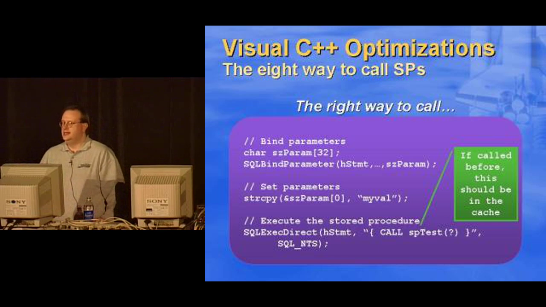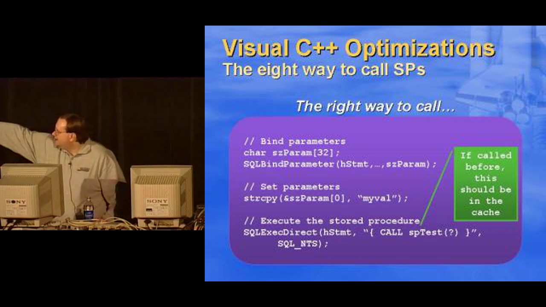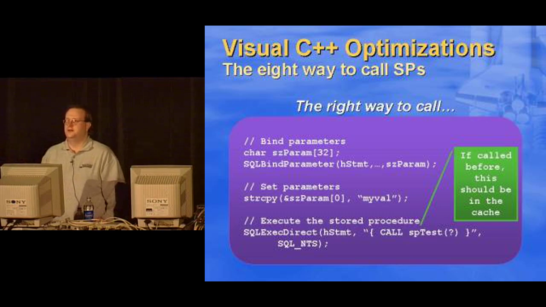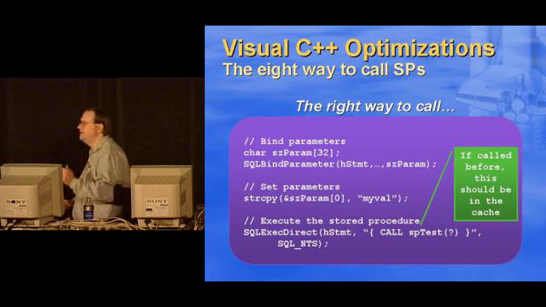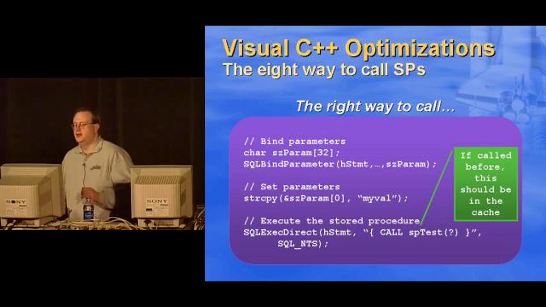The nice thing is, every time you call this, the string remains the same. The only difference is the value, in this case, in the data member SZ param. That's the only difference. So when SQL Server sees this, if it's been called before, it should be in your cache, should be ready to run.